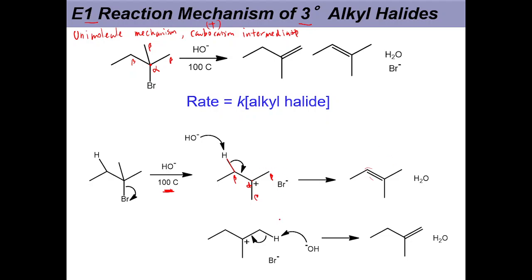Now, of course, if you look at the other beta proton, you might be able to form another product with the double bond at a different location.